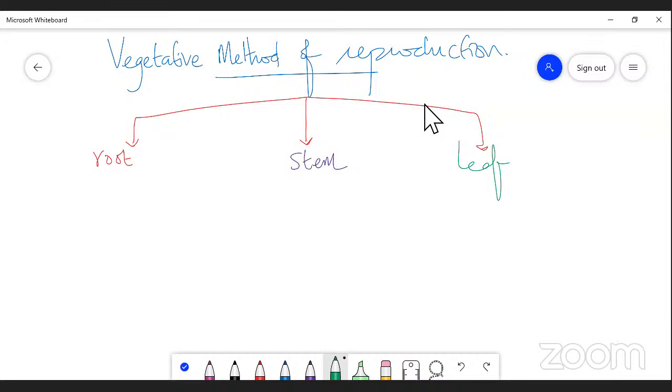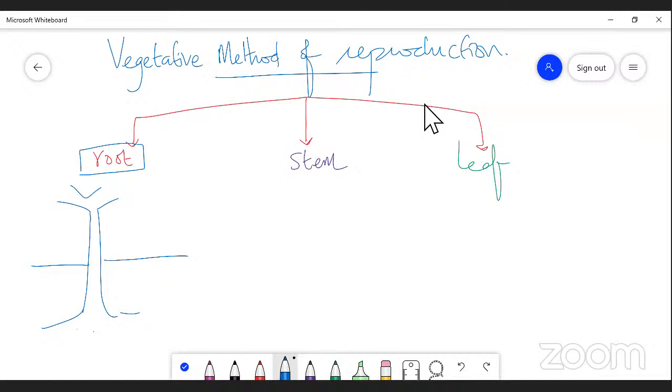So first of all, let me take vegetative reproduction that takes place from root. Some examples: in Murraya, now this is a plant, in which the root portion develops a bud-like structure.